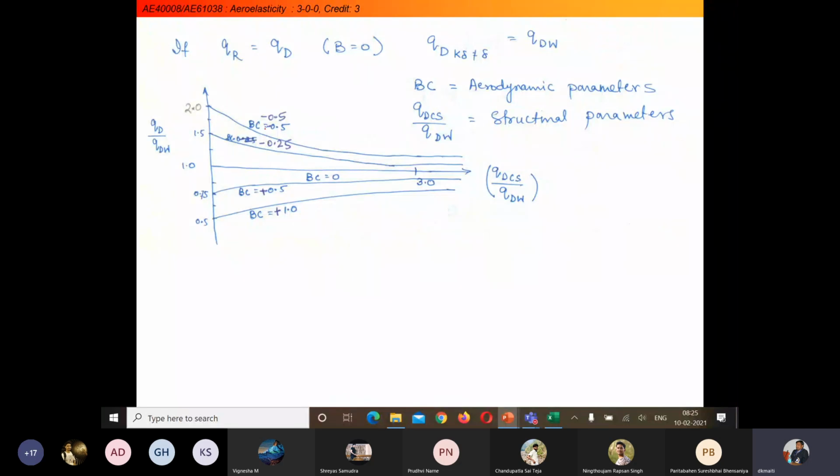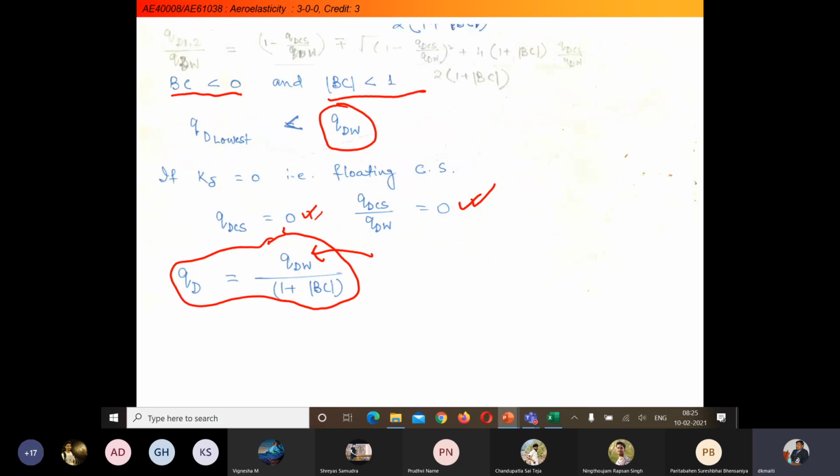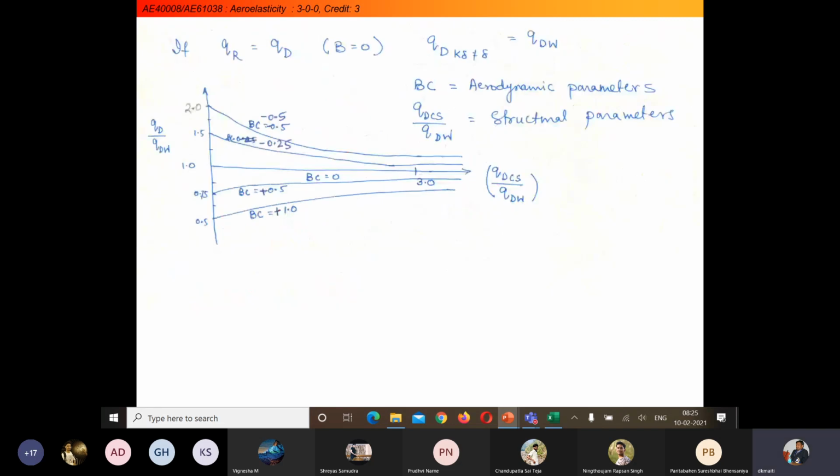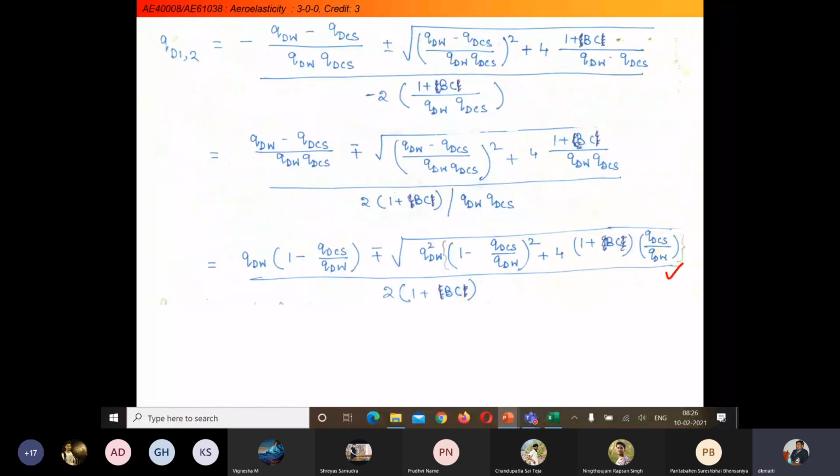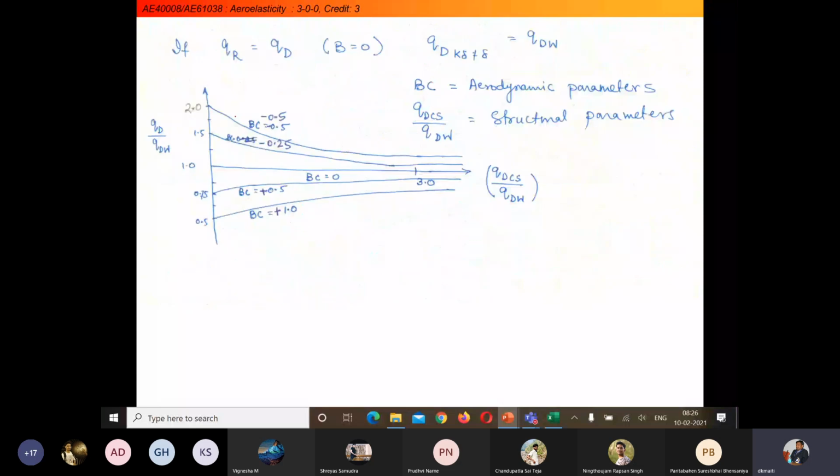So when BC is equal to minus 0.5, and this is equal to 0, we get 1 plus 0.5. Actually, we have to substitute in this expression to find the value, and then we can get a typical plot like this with the increased value of the ratio QD control surface by QD wing.